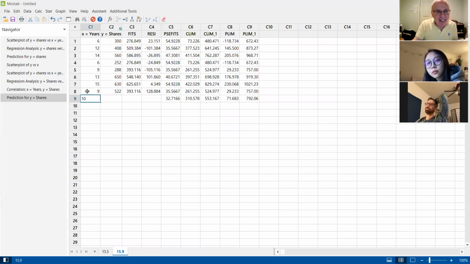That is so ridiculous that they didn't even bother programming it so that it puts the 10 in there for you. But it doesn't calculate the Y because we don't have a Y. It doesn't predict fits because there's no Y hats. Right? Or should it have a Y hat?